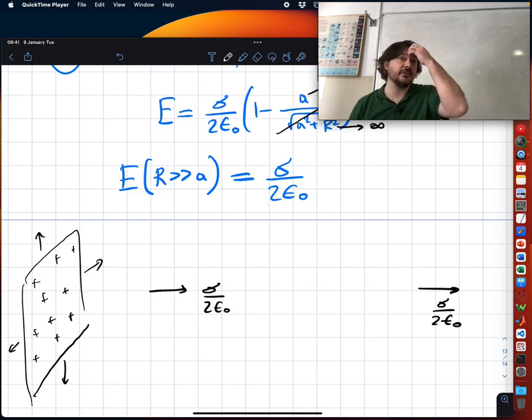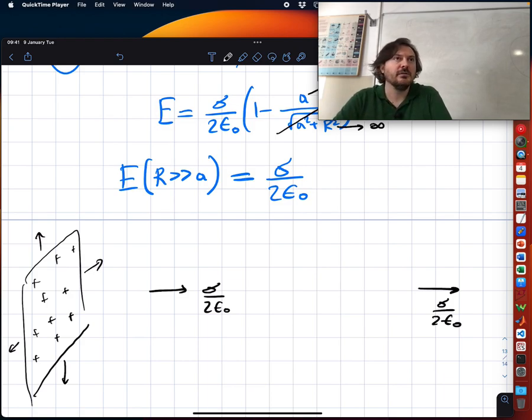So it doesn't depend on the distance if you have an infinite plane of charge. Does it make sense? It's a property of infinity.